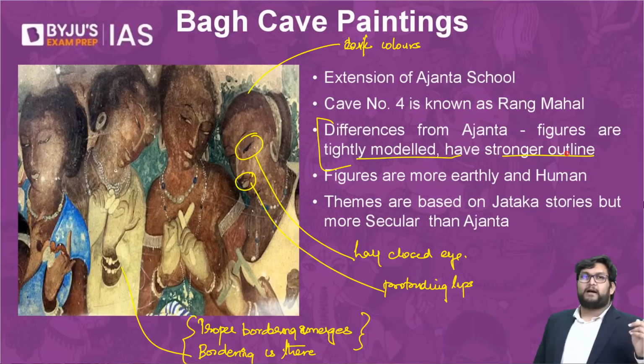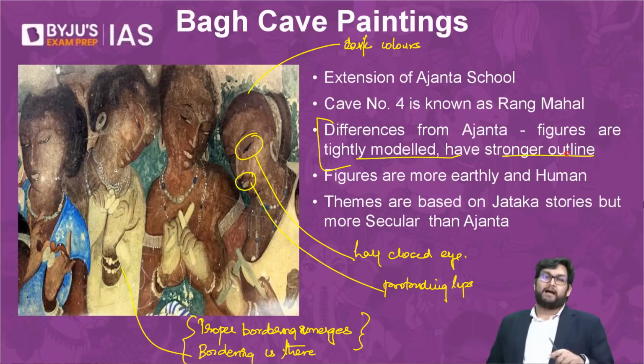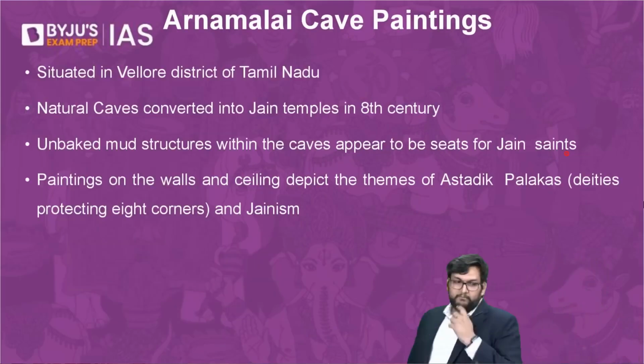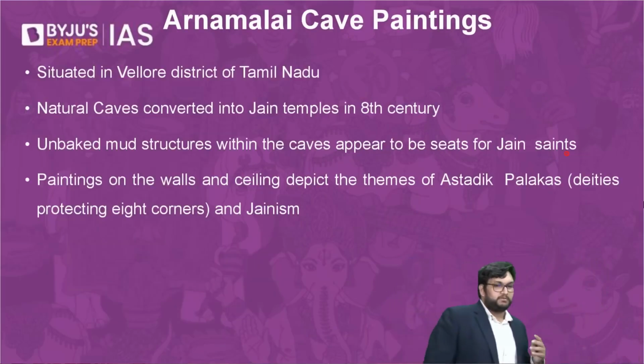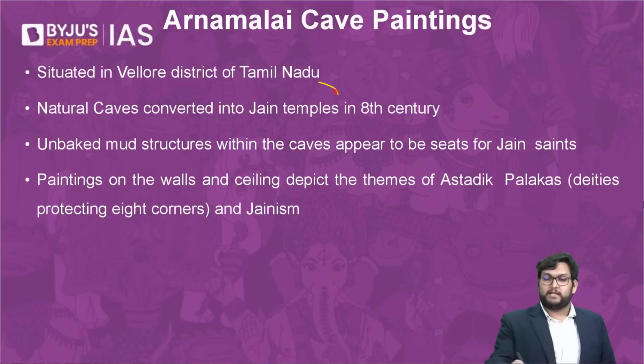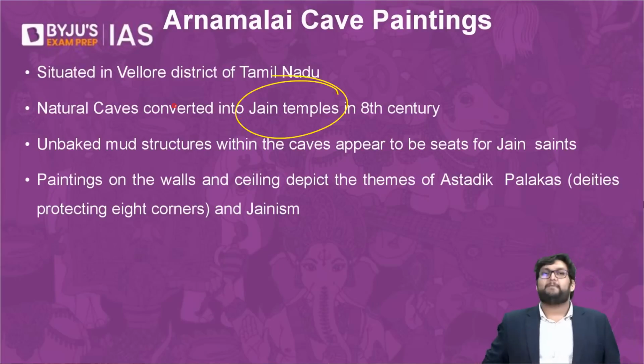Now, from Ajanta to Ellora to Bagh, if I go to the Arnamalai caves, which are in Tamil Nadu, pertaining to the Jain temples, unfortunately the images are not very clear and also not available on basic channels.